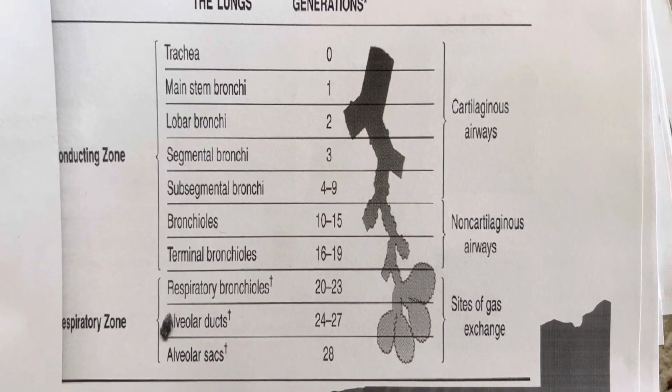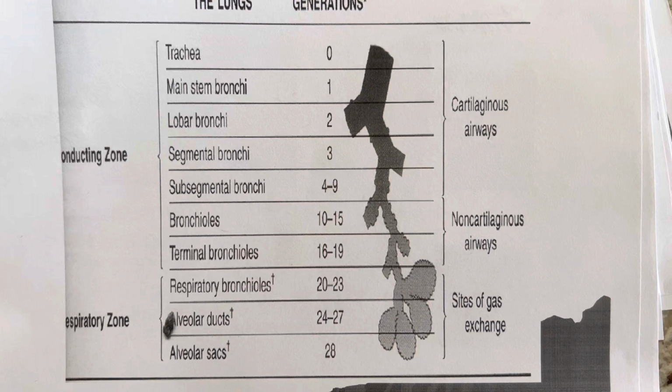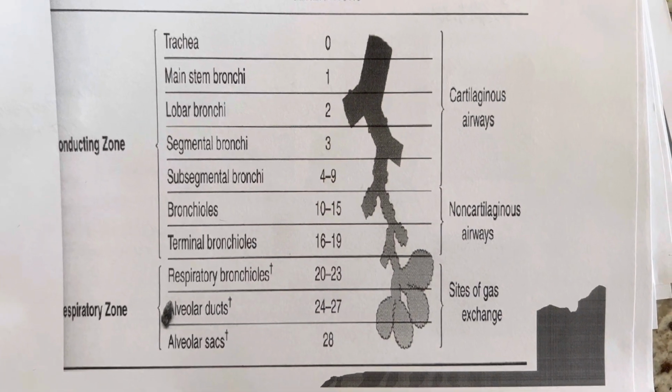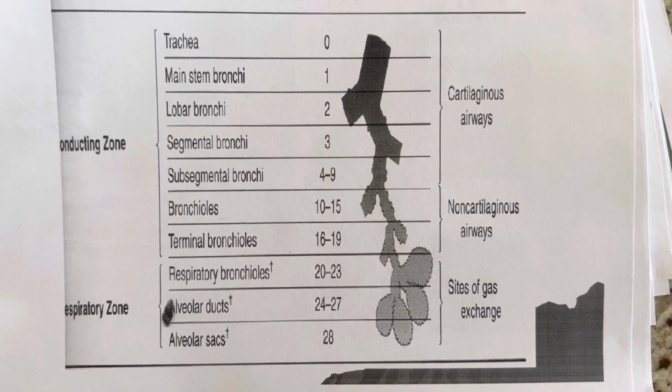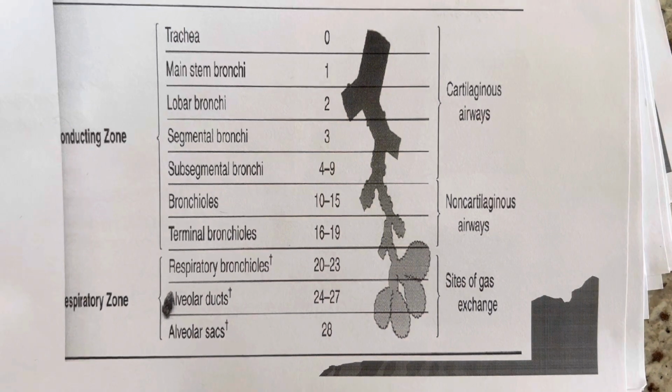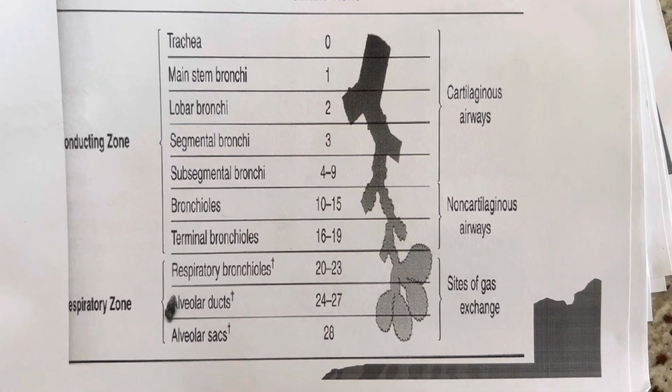After the segmental bronchi, it goes to the bronchioles and terminal bronchioles, which are non-cartilaginous airways.